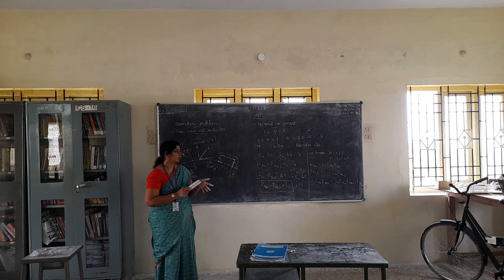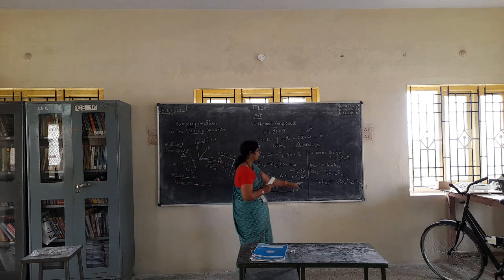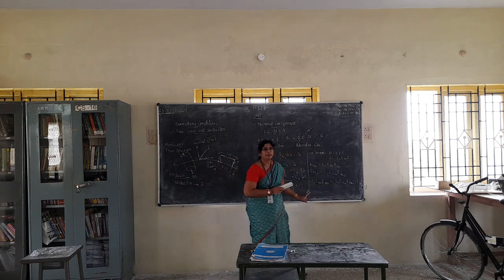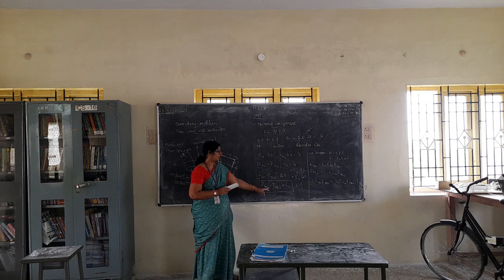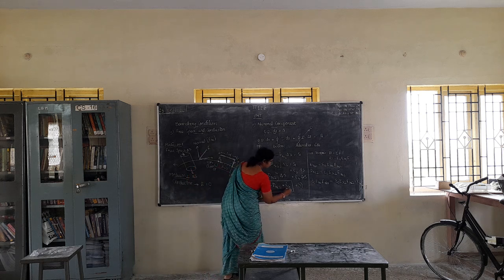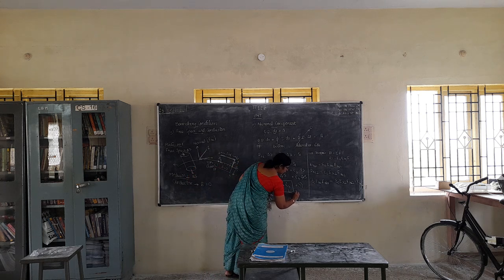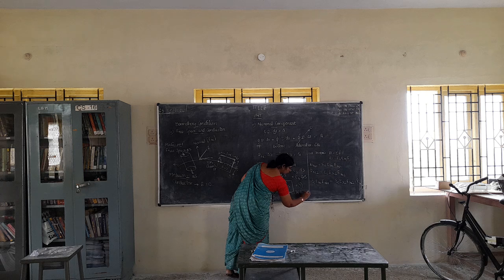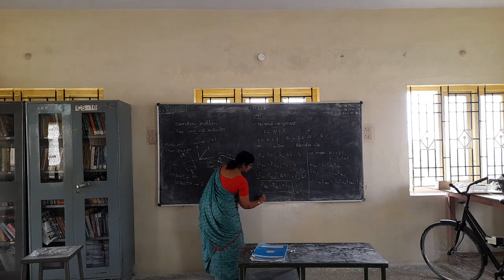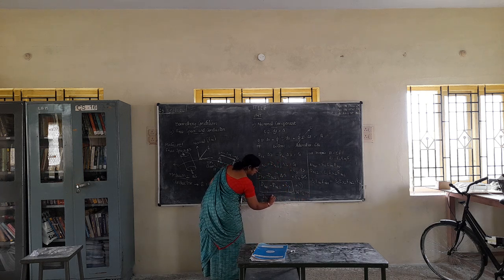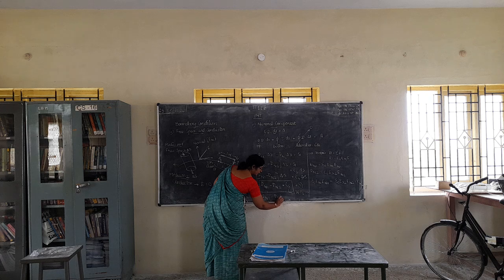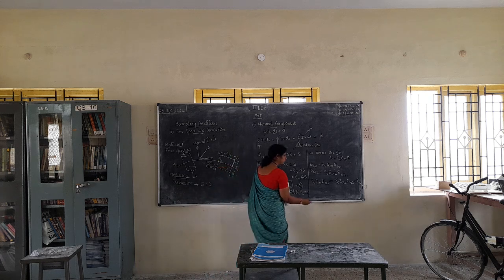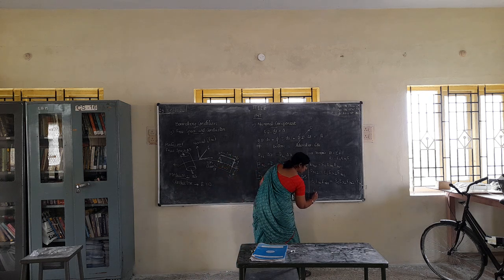See, until your rho s is 0, you cannot cancel epsilon. After this condition, if rho s is 0, then we can replace Dn1 is equal to Dn2. After our equation, epsilon naught will be cancelled.